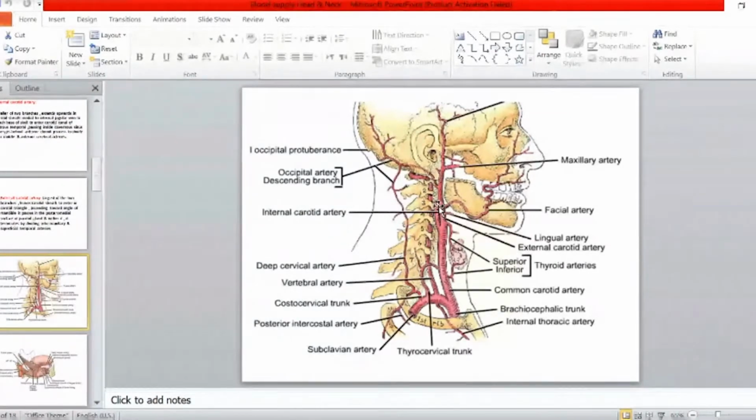Again, it has no branch in the neck until it passes into the carotid canal. This is for the supply of the brain and the contents of the cranial cavity. What remains for the supply of the head and neck is the external carotid artery.